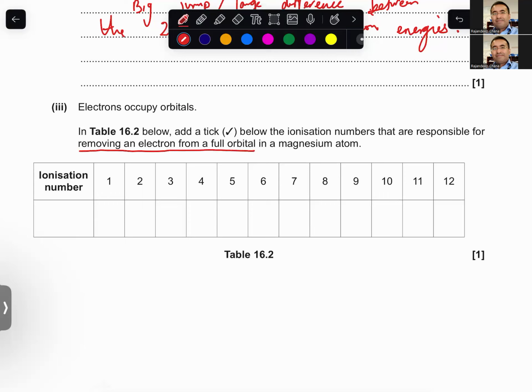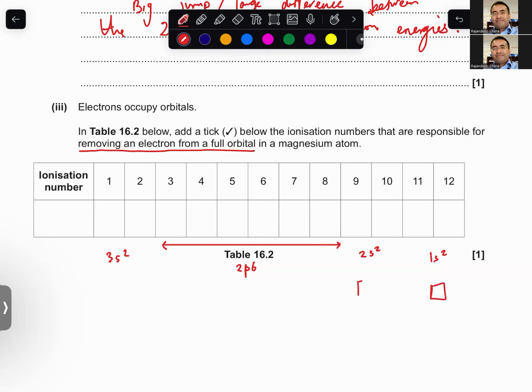Before we do this, you see we've got 1s2, you've got 2s2, you've got 2p6, which will cover these 6 electrons here. And then you've got a 3s2.